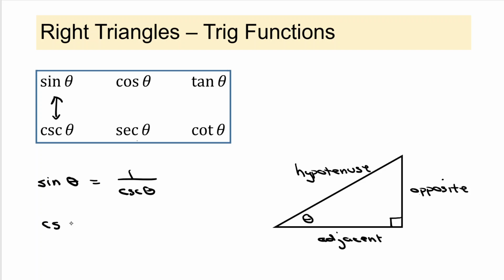Or you could say the cosecant of theta equals 1 over sine of theta. They're just reciprocals of each other. Cosine and secant are reciprocals of each other. Tangent and cotangent are reciprocals of each other. So what we're going to do is use these reciprocal relationships to figure out the values of the cosecant, secant, and cotangent for the triangle we were working on.